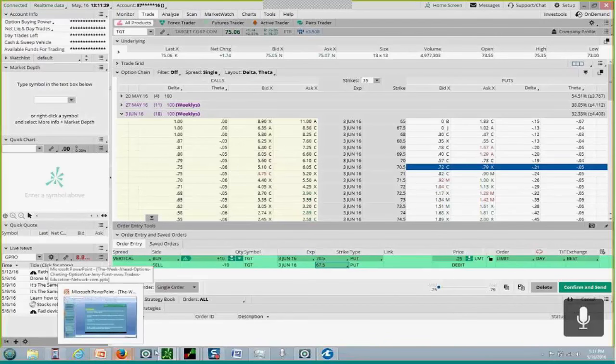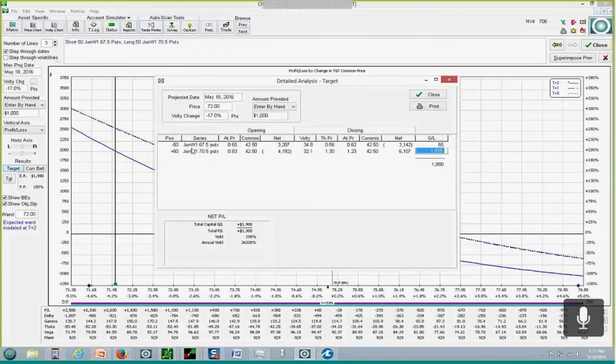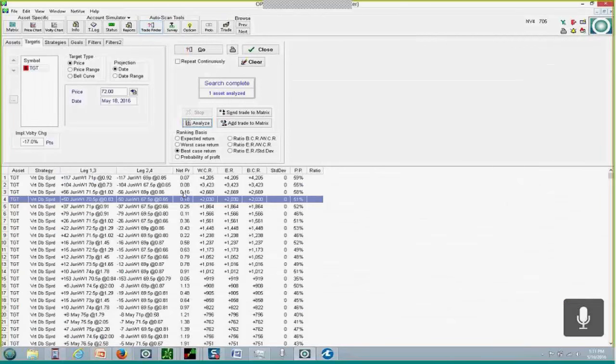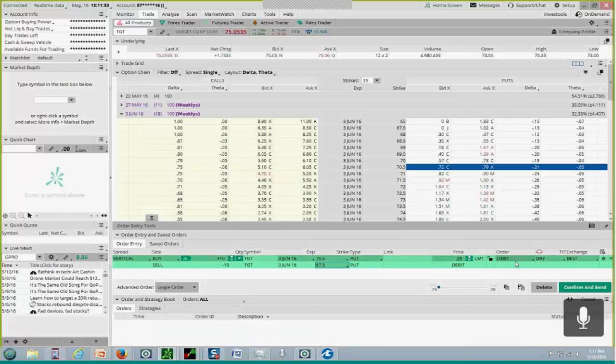So if we go back over to OptionVue here, notice here it's saying that the difference between 83 and 65, if we go back over to the Trade Finder, it said that it was going to cost us about 18 cents. So watch this. Let's say that we'll just do this for a live demonstration.